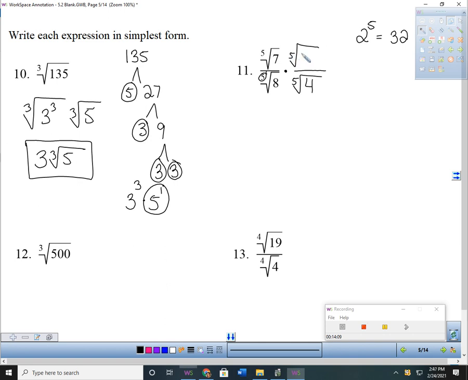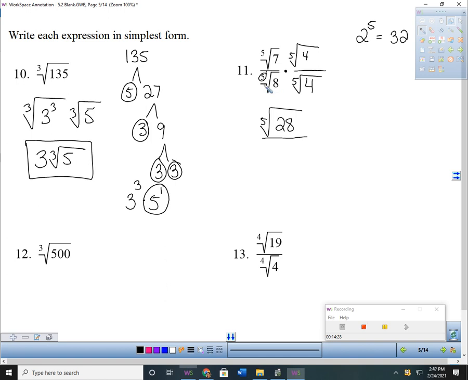Now remember, we do it on top and bottom because anything divided by itself is 1. And if we're multiplying by 1, we're not changing the value. We're just rewriting it, right? So the fifth root of 7 times the fifth root of 4, I just multiply those together. That gives me the fifth root of 28. And then I multiply in the bottom.